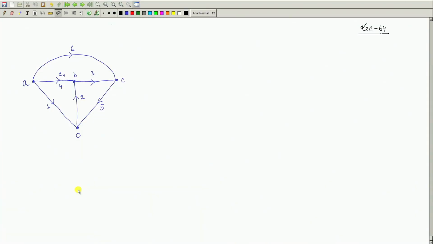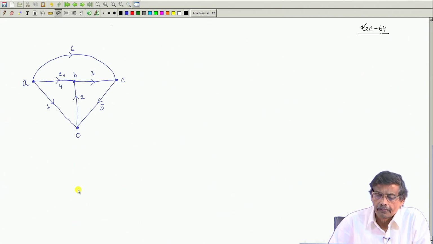If you recall, given a network, we first draw the graph of the network, and then from the graph we draw a tree. From the tree I can also get the number of twigs and the number of links, and based on that, different important relations were found out.